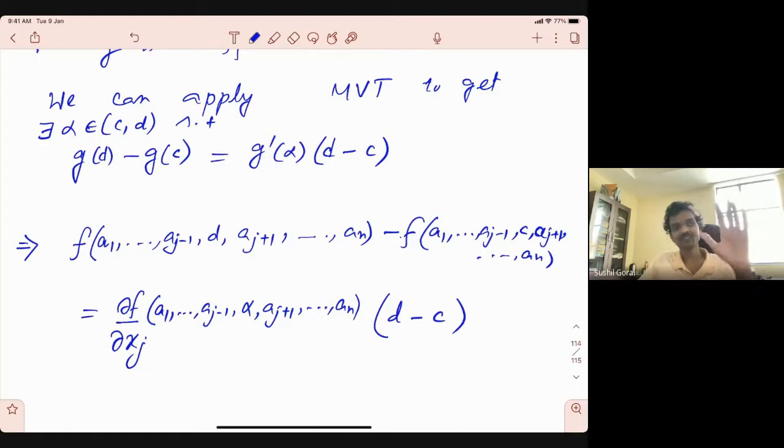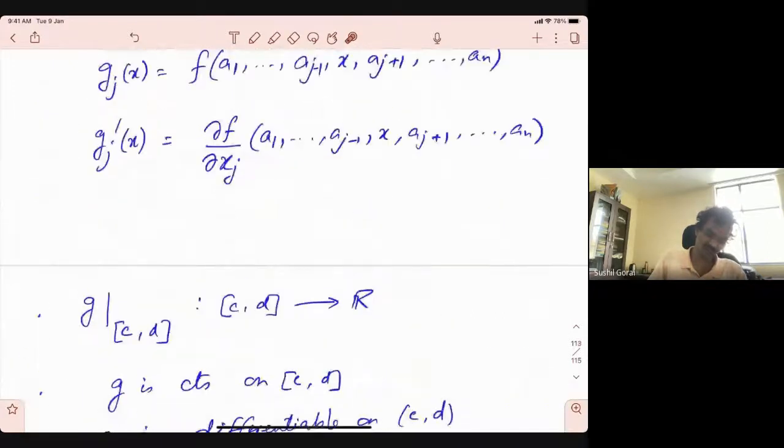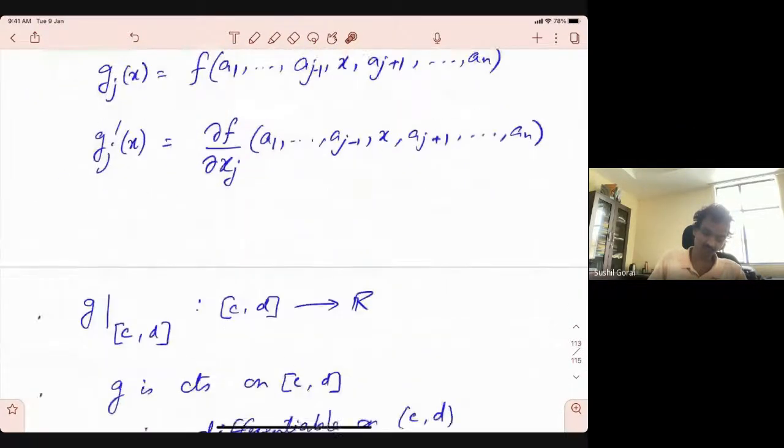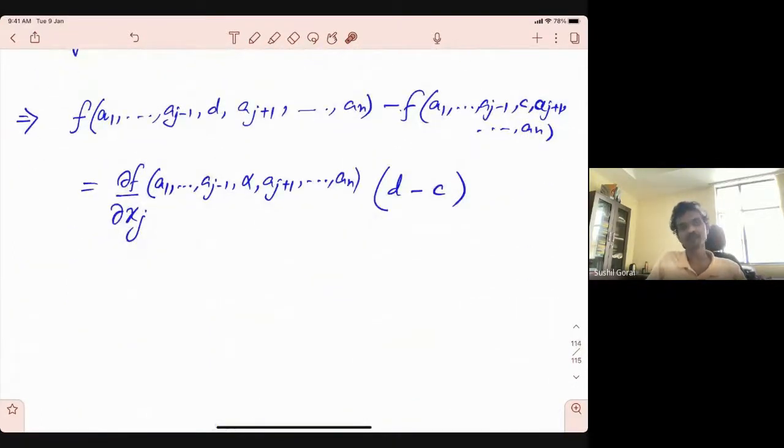For the time being, corresponding to each variable, we can apply the one variable mean value theorem and get a statement like this. This is true for every j, from 1 to n.